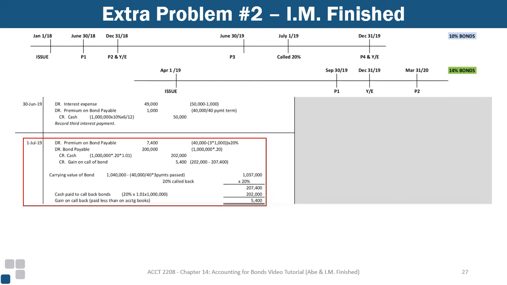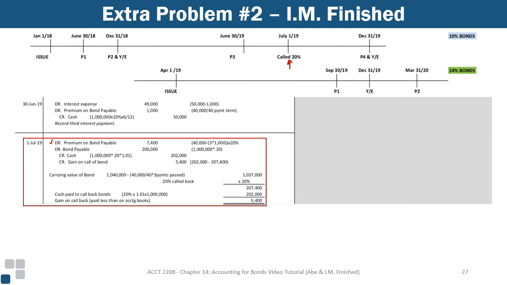But then, now we called 20% of the bonds. Okay, now what's in this box here looks a little complicated, but it's not too bad. Take it one step at a time. The company is calling 20% of the bonds. So as it stands now, the balance in the bond premium payable account, you can keep a T account for it, but you don't have to because you can just look at how many amortization periods have occurred.